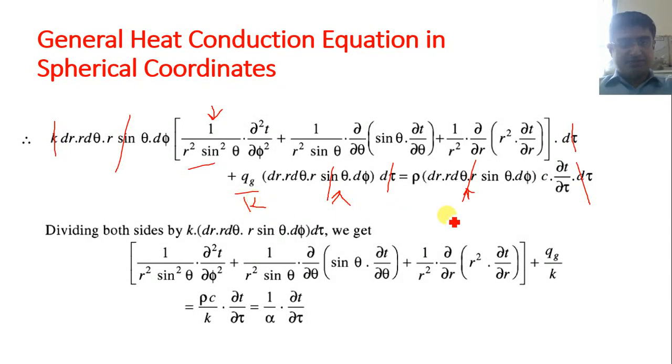Here it becomes qg by k, and here you can see ρc by k into ∂T/∂τ, and k by ρc is known as the thermal diffusivity α, which we have discussed in our previous lecture. So here is the required general heat conduction equation in the case of spherical coordinates.